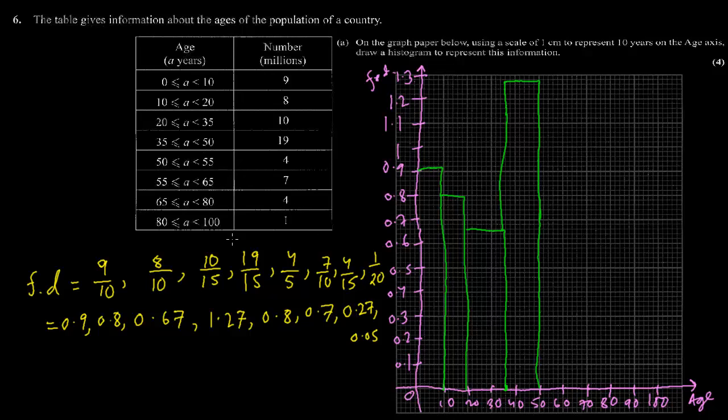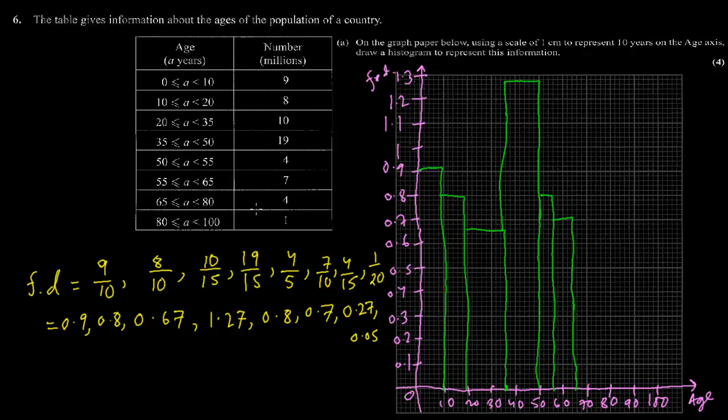So 50 to 55 is 0.8. So 50 to 55 is this, and this is 0.8 again. So this is half, 50 to 55. The next one is 55 to 65, and that is 0.7. So 55 to 65 is 0.7.